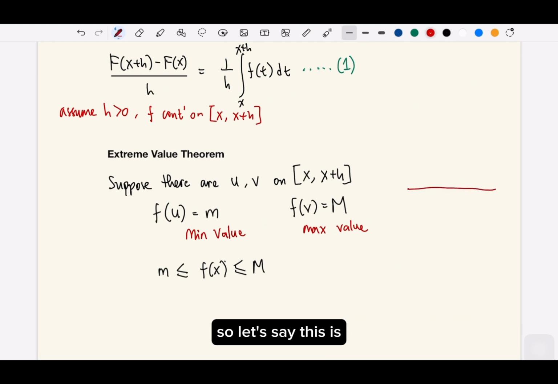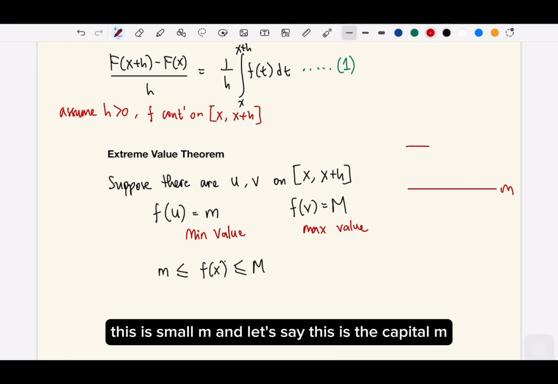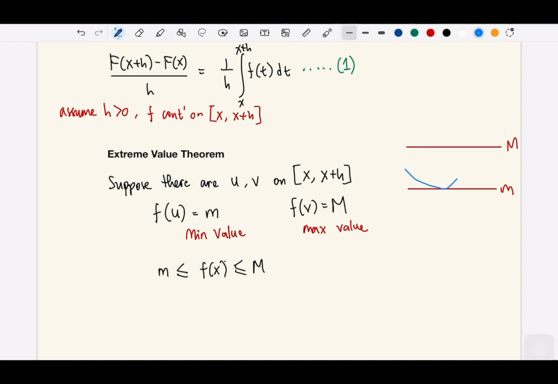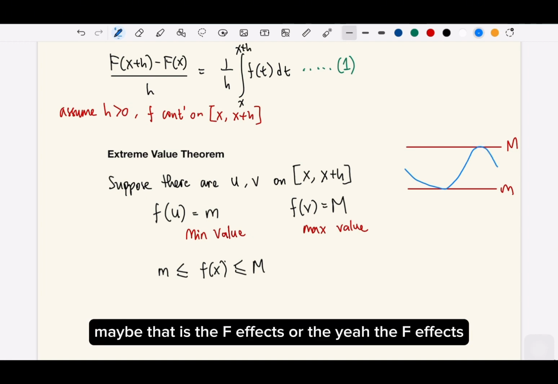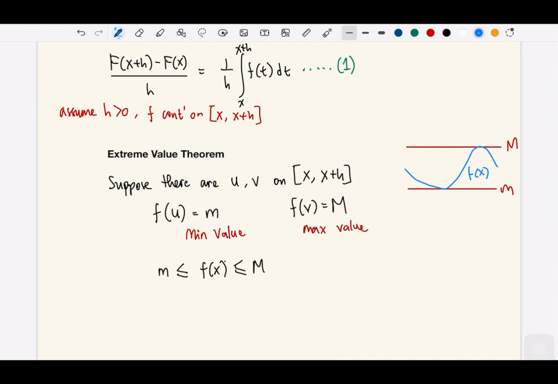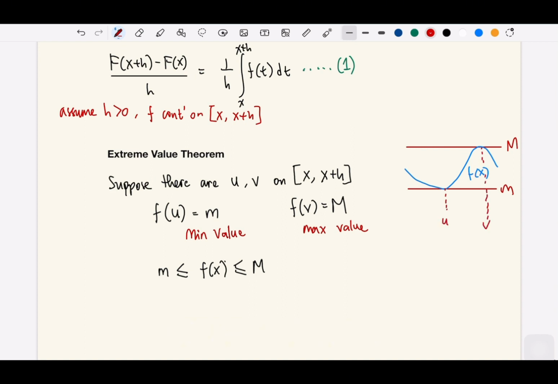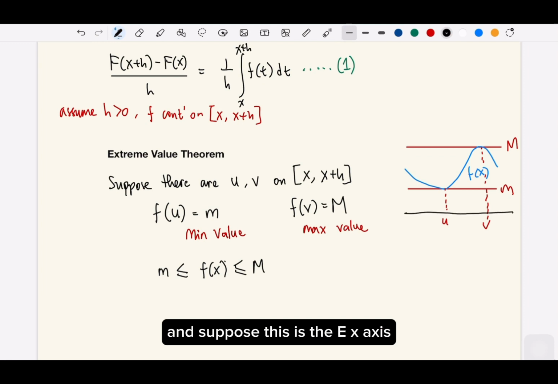Let's say this is small m, and this is capital M, and our function is maybe here. Basically this is u and v, so we plug in u and this is v, and suppose this is the x-axis.